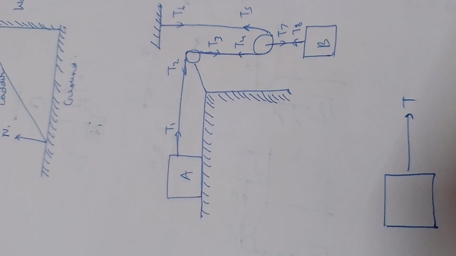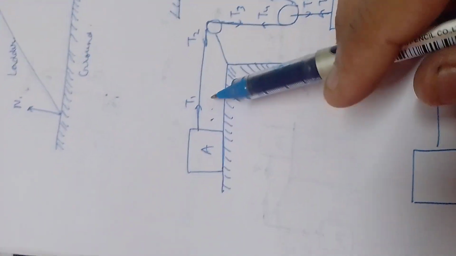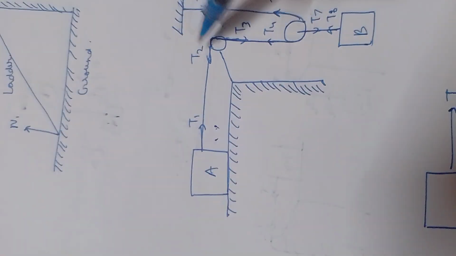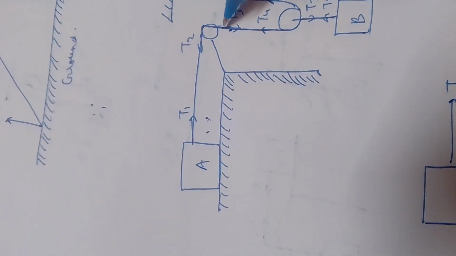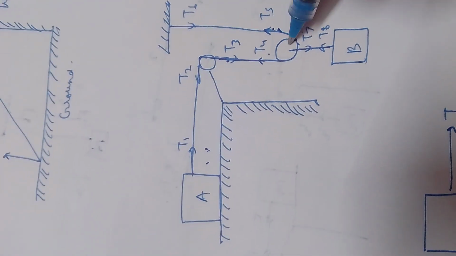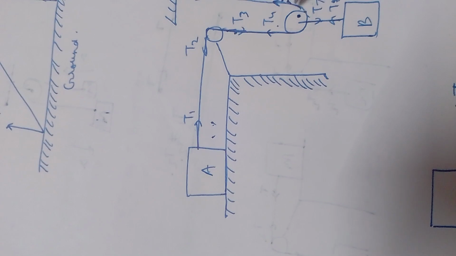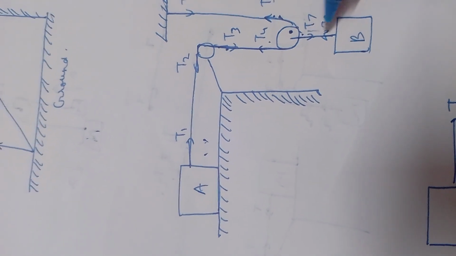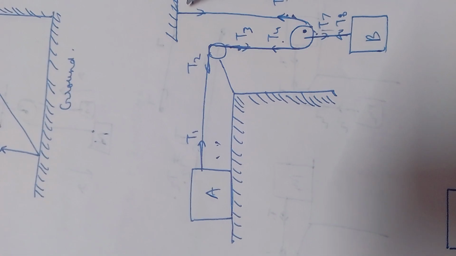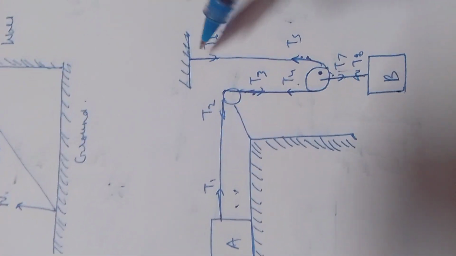Tension in a string is as shown. T1 goes to block A, T2 and T3 to pulley P1, T4 and T5 to pulley P2, T7 and T8 to block B, and T6 is the tension which is applied by the wall.